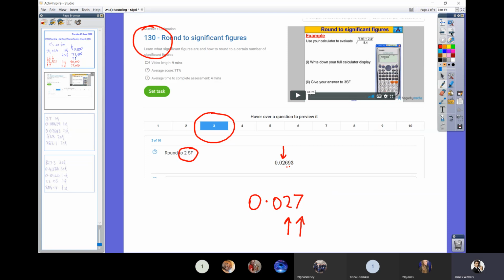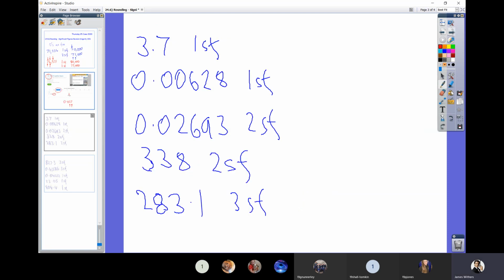Let's have a look at another one. Well, several here. So I'm going to do all of these to one significant figure. So why don't you just see, I'll pause a second, if in your head you can see what it's going to be. 3.7 would be 4. Don't do 4.0. It would just be 4. The second one to one significant figure, that's going to be 0.006.